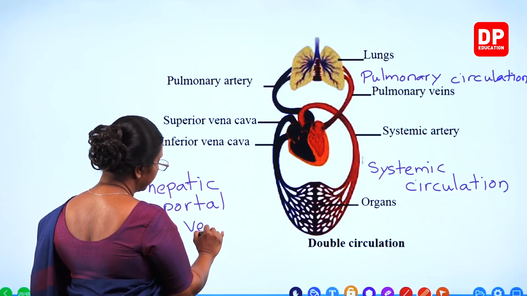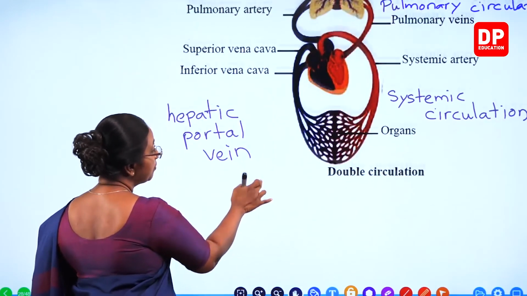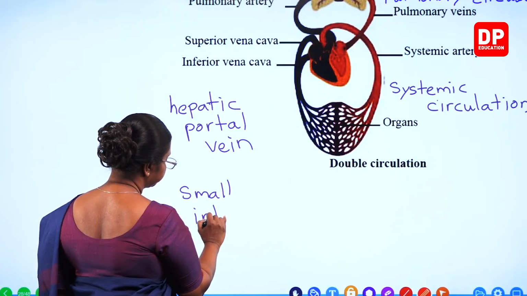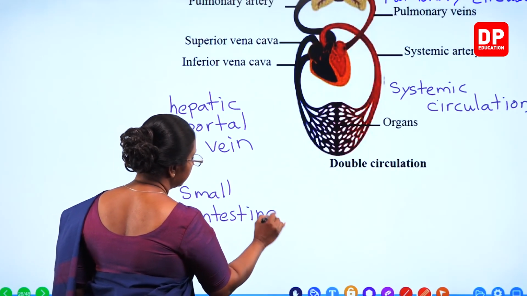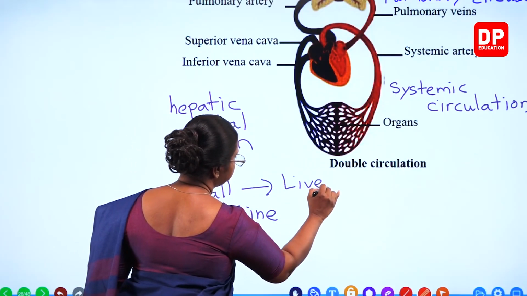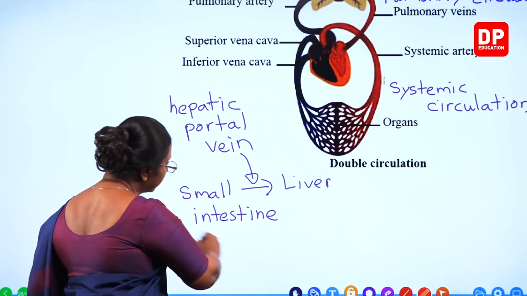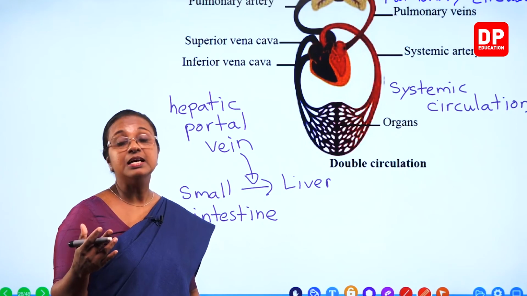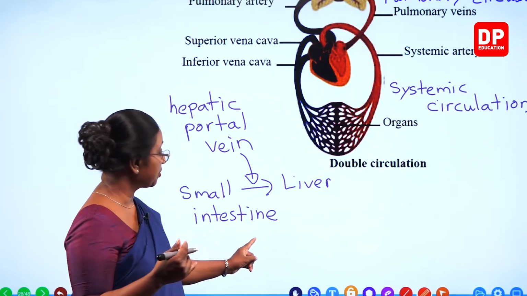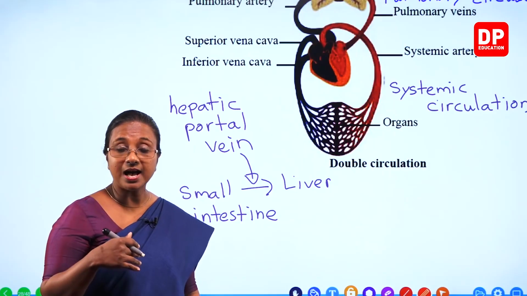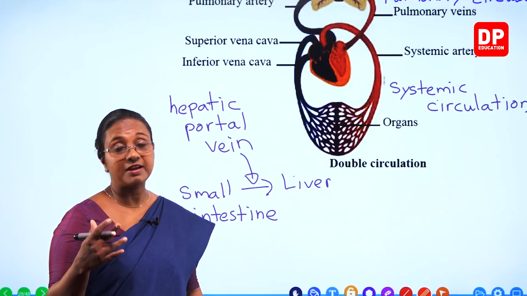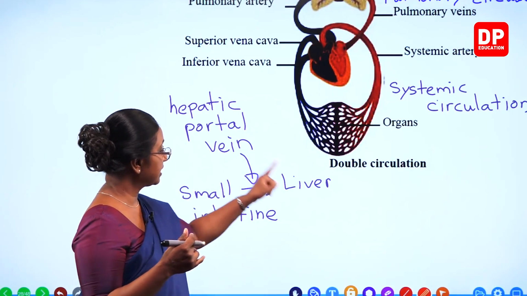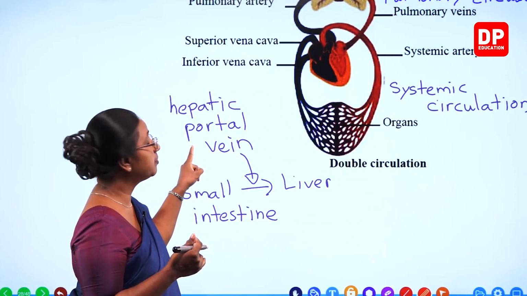Now, this hepatic portal vein connects the small intestine with the liver, so that when food digestion is completed in the small intestine, all the end products are absorbed into the blood vessels except for fatty acid and glycerol. All of them are taken from the small intestine to the liver by this hepatic portal vein.